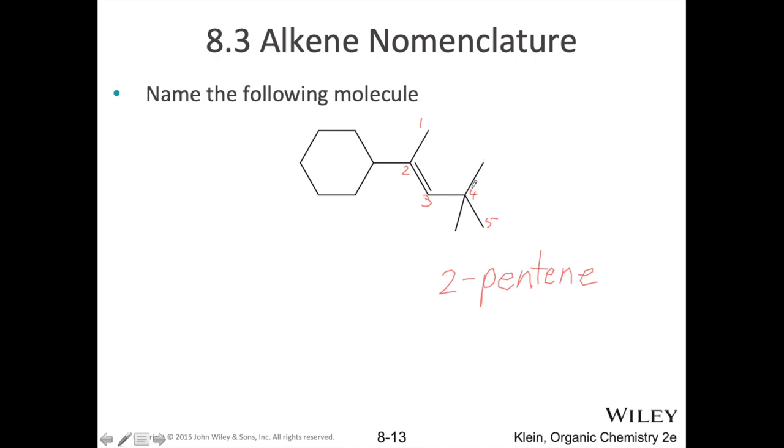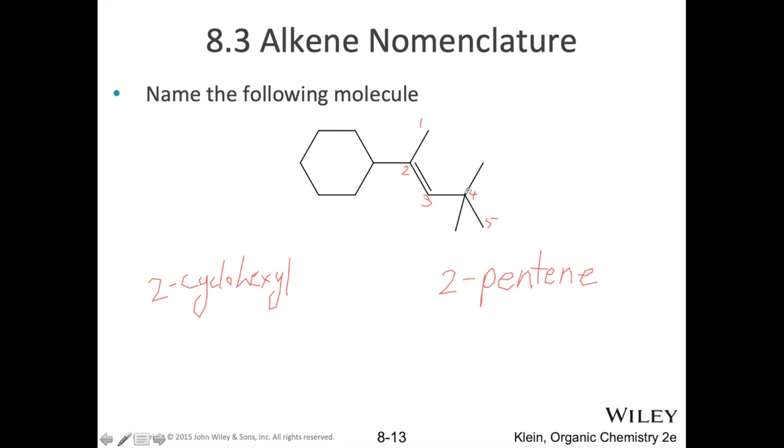We've got 2 methyl groups, so that'd be dimethyl, which we'd alphabetize under M. We also have a cyclohexyl group. So we're going to alphabetize that. If I remember correctly, I think the C is what we alphabetize that with, not the H for hexyl. Regardless, either one would come before methyl. So we would have our 2-cyclohexyl.